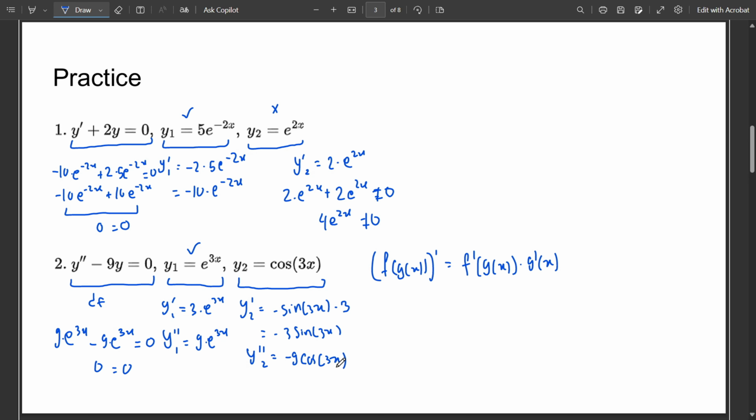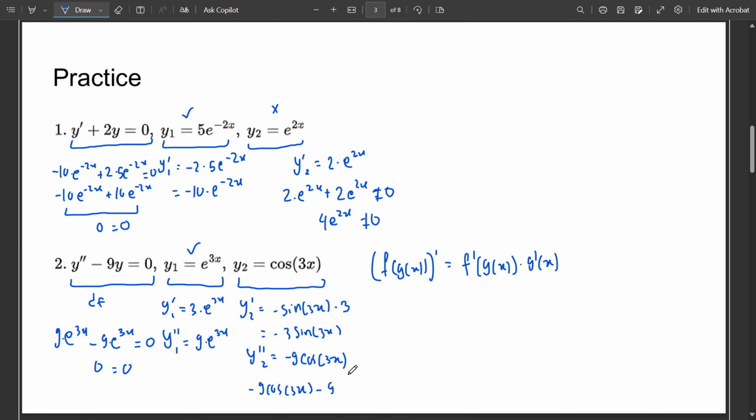Substituting this to the differential equation, we have negative 9 cosine of 3x minus 9 times y.